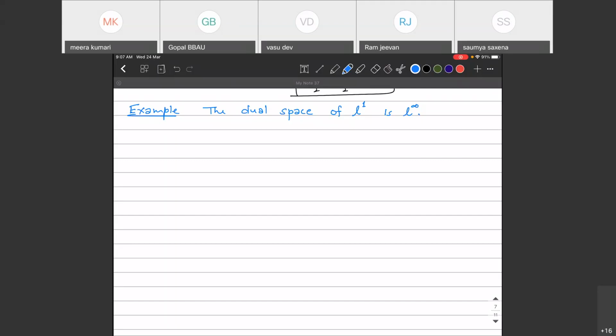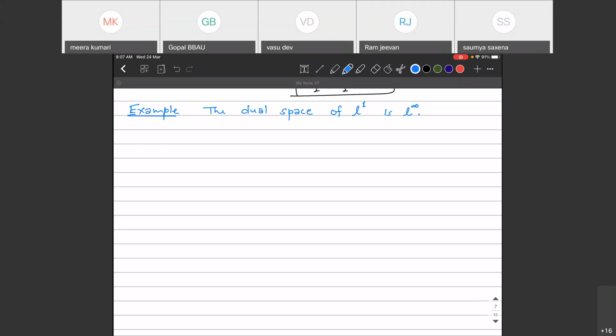The norm is summation over 1 to infinity, mod xi raised to the power p, whole to the power 1 upon p.